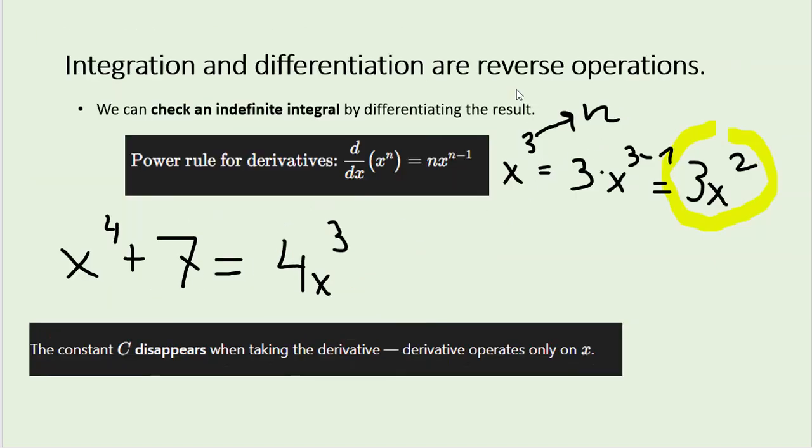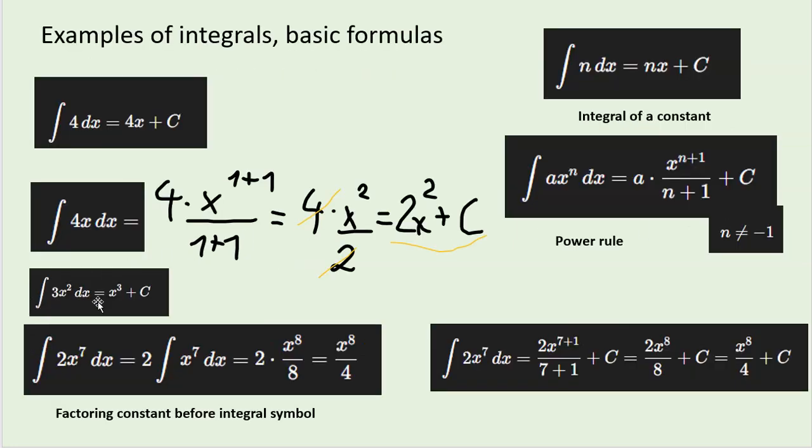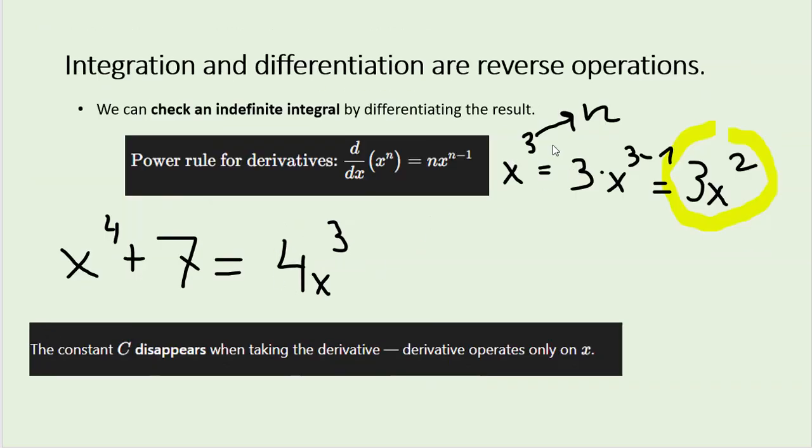And you can see that this is a reverse operation, because using this formula n x to the power of n minus 1 in the exponent, you will notice that calculating the derivative from this integral will lead to exactly the same value which you had. So the derivative of x to the power of 3 is 3x squared.